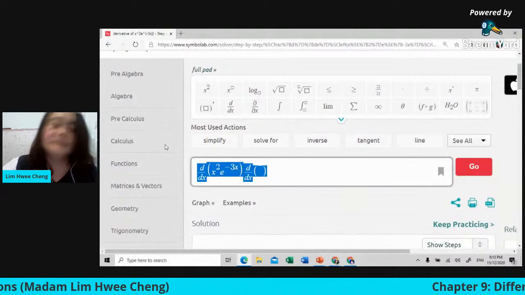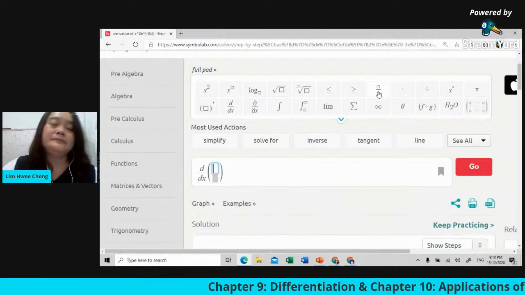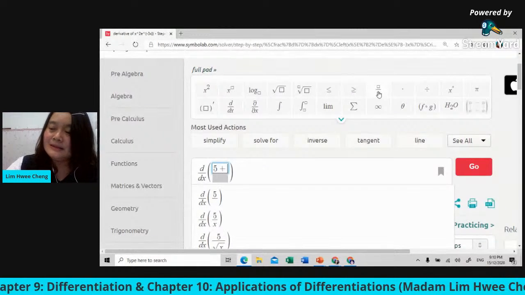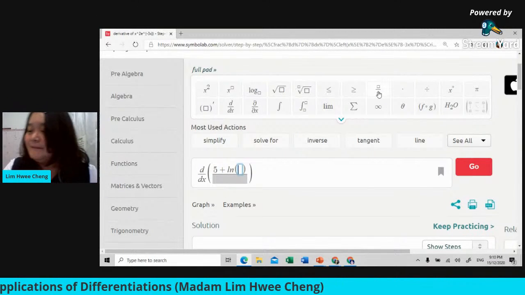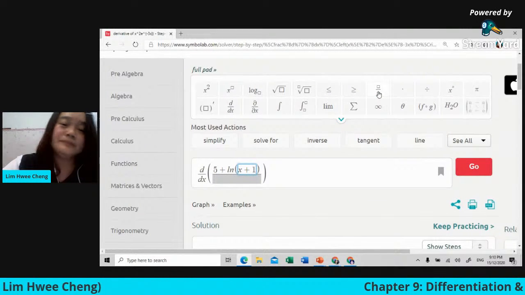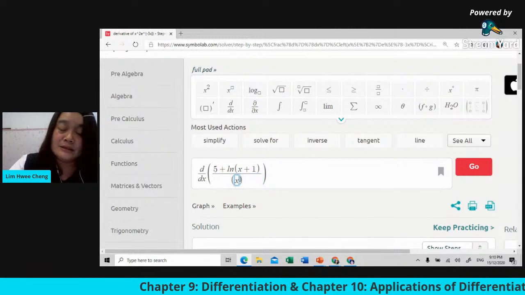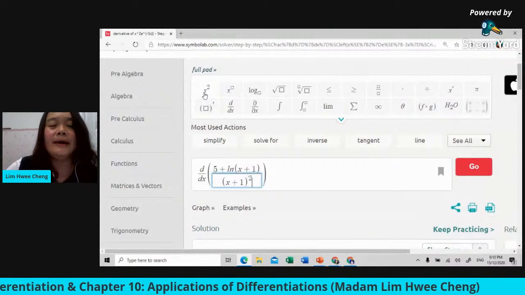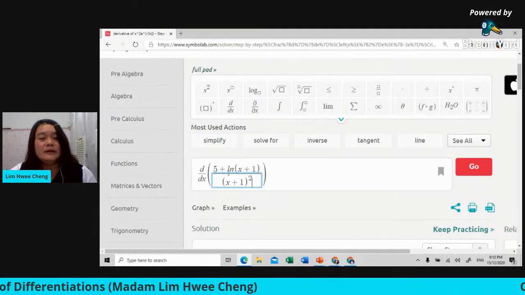Okay, you just add the functions given. So you have the pi plus ln. Let's see whether it can do ln. Okay, pi plus ln x plus 1, and this one will be the x plus 1, squared. So pi plus ln x plus 1 over x plus 1 squared.